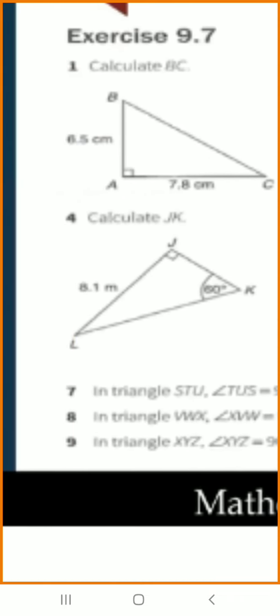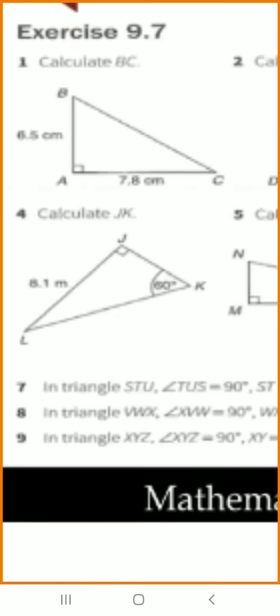Moving on to question number 8. Alright, so in question number 8 it says in triangle VWX, angle XVW is equal to 90 degrees.